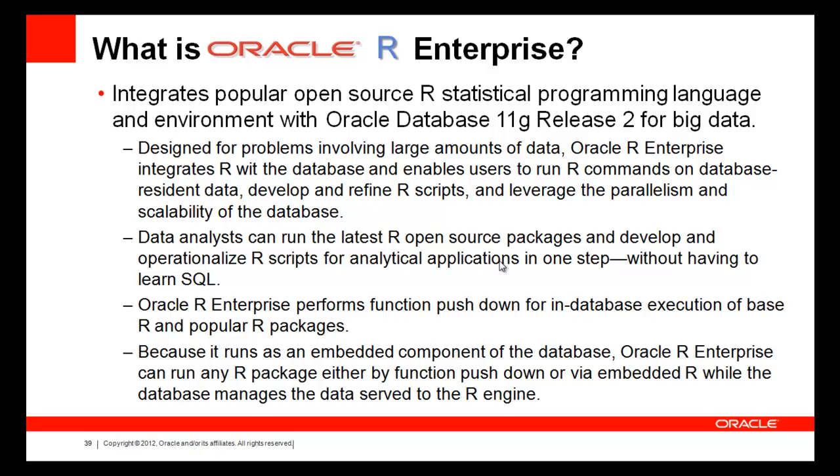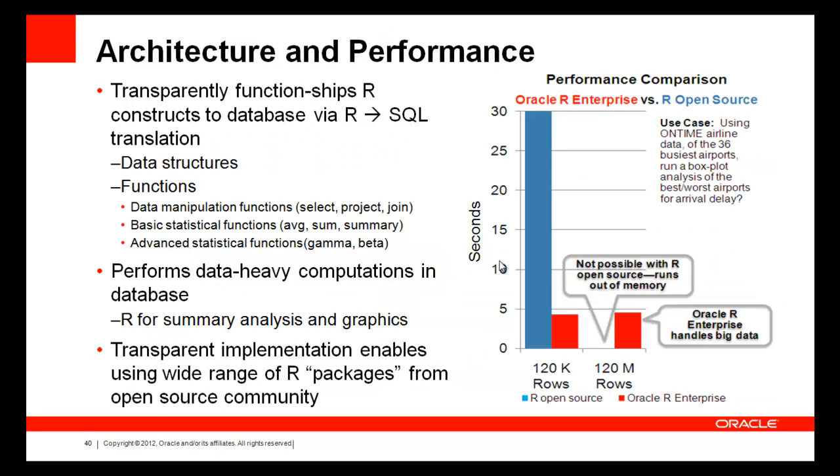And if there are certain things that we don't 100% support in the database, let's say a time series or a mixed model or something that we do not currently have native support for, you can always run R in the embedded mode, where we allow the database to flow the data to the R instance, which is typically installed on the same server as the database.